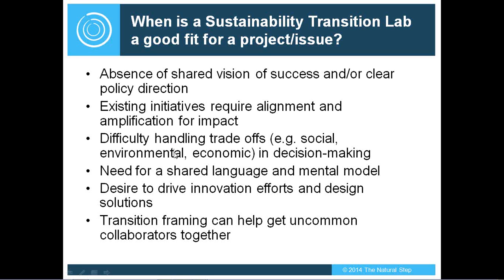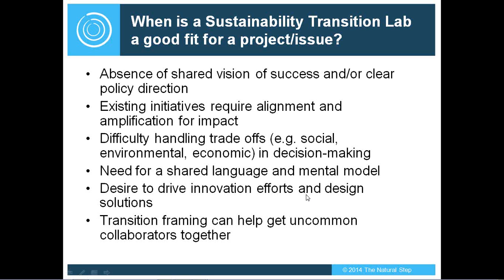Another one is if there's a multi-stakeholder group that is struggling with handling trade-offs in decision-making, for example in balancing or navigating the trade-offs involved of environmental, social or economic considerations of particular solutions or ways forward.